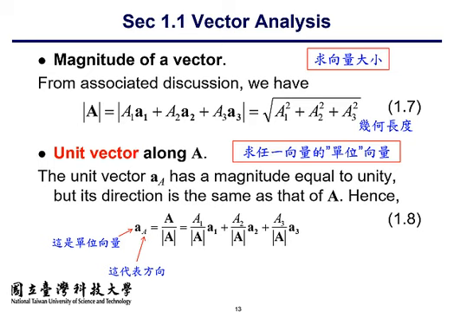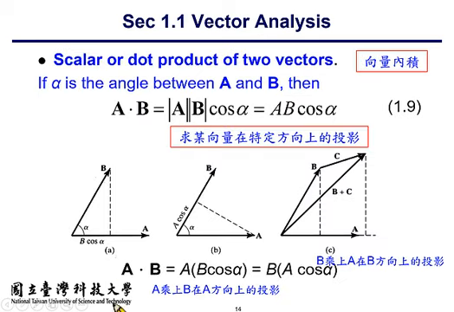So be acquainted with this description, the unit vector of an arbitrary vector. Right? Okay, and next we will discuss the two more important operations of vectors. They are the so-called dot product.